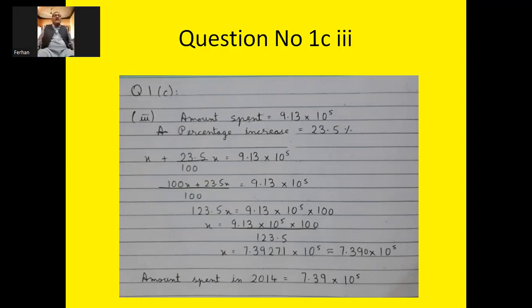So you will just enter these values in your scientific calculator: 9.13 x 10^5 multiply 100 divide 123.5 equals, and that will be 7.390 x 10^5. So the amount spent in 2014 is 7.39 x 10^5 dollars.